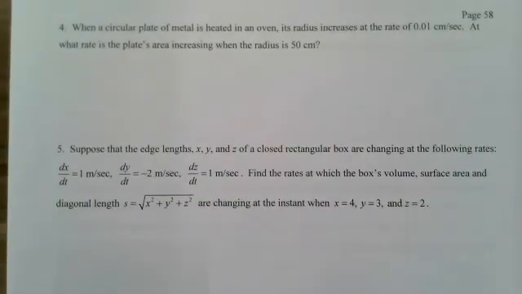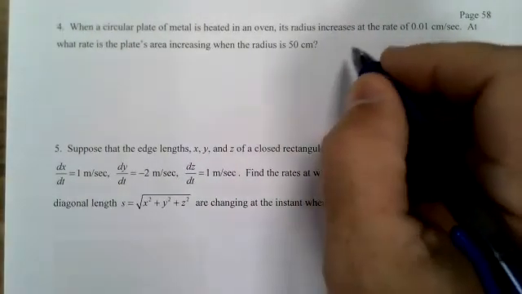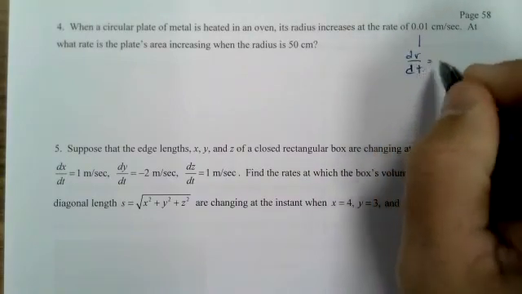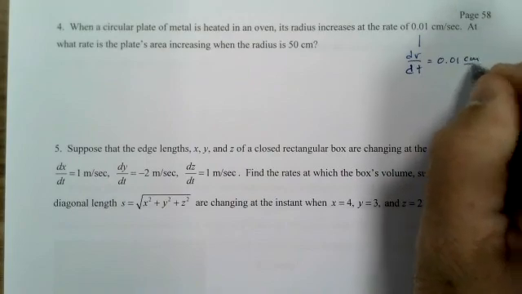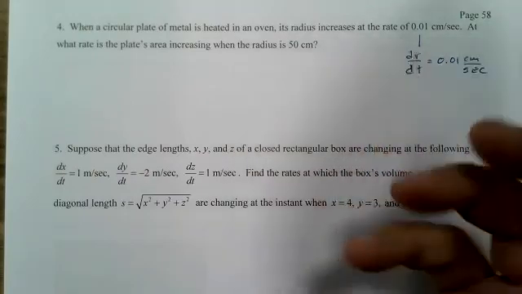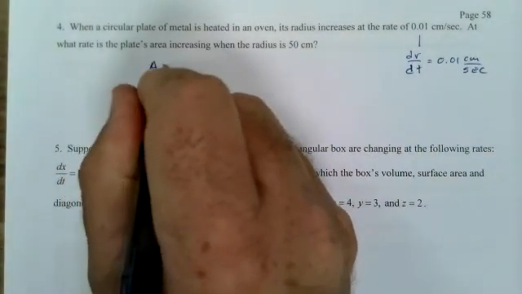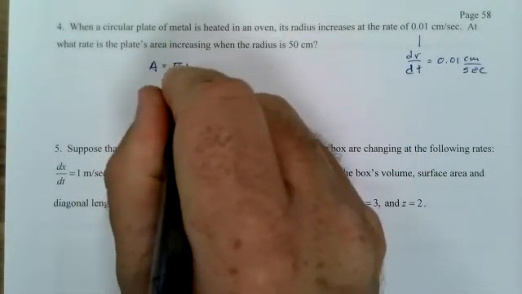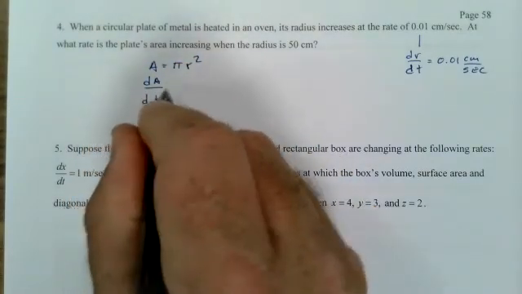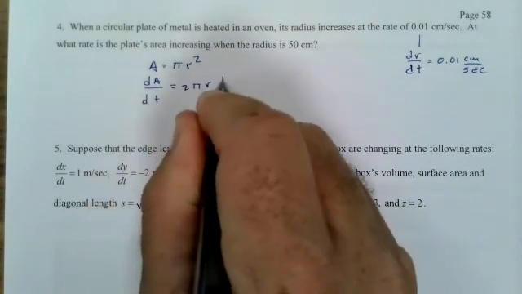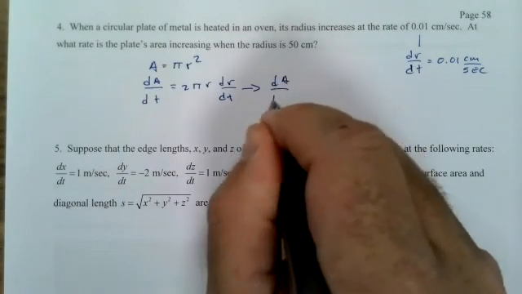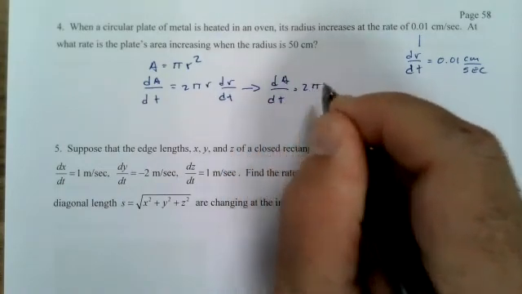Circular plate of metal, heat in an oven, its radius increases. dr/dt is 0.01 centimeters per second. How about area? Let's relate area and circle, and then take the derivative with respect to t. dA/dt, 2 pi.